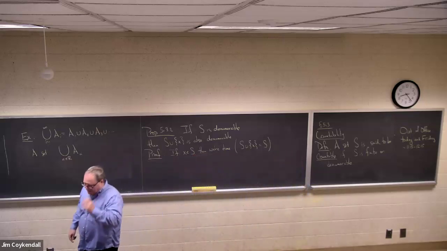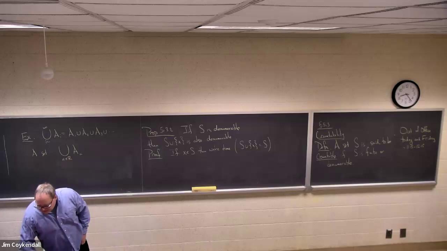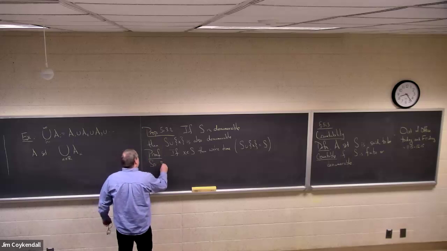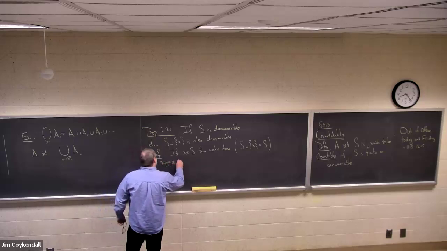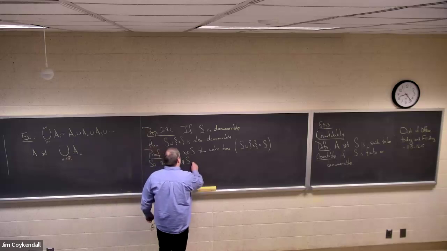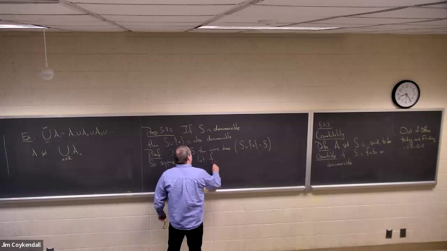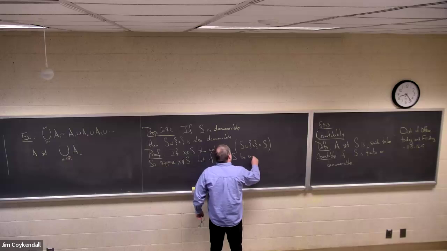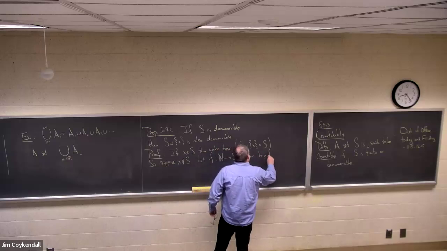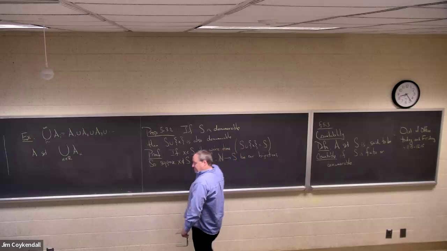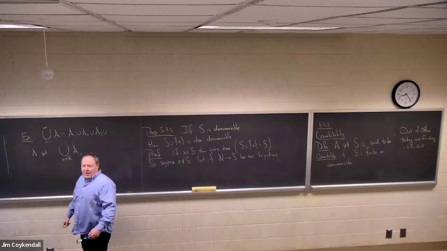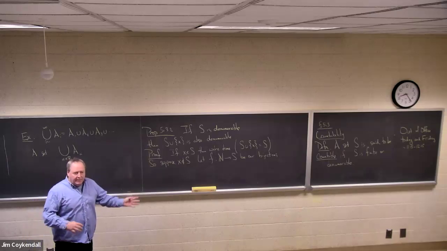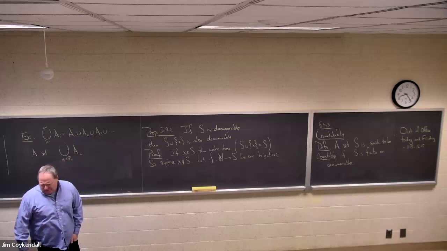So the interesting case is what happens when X is not in S. So this function from the natural numbers to S is one-to-one and onto. That's what it means for S to be denumerable.